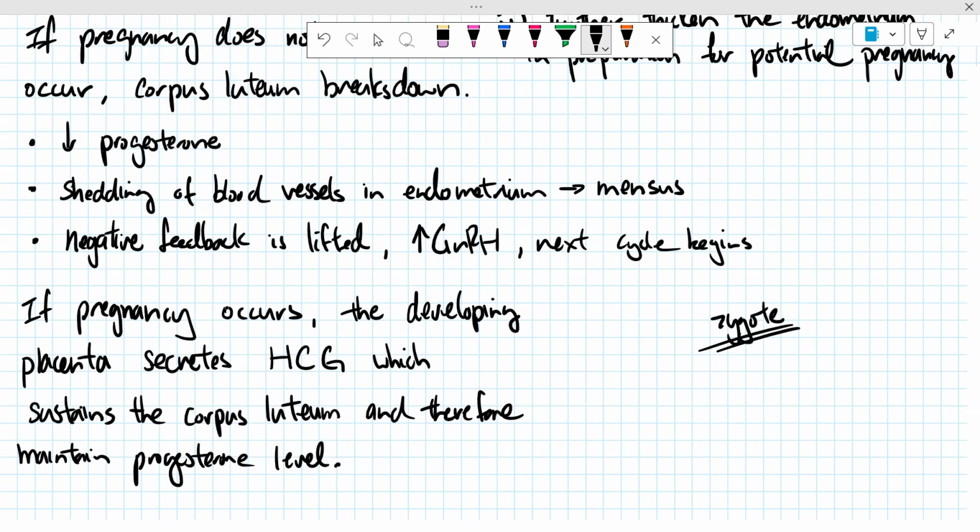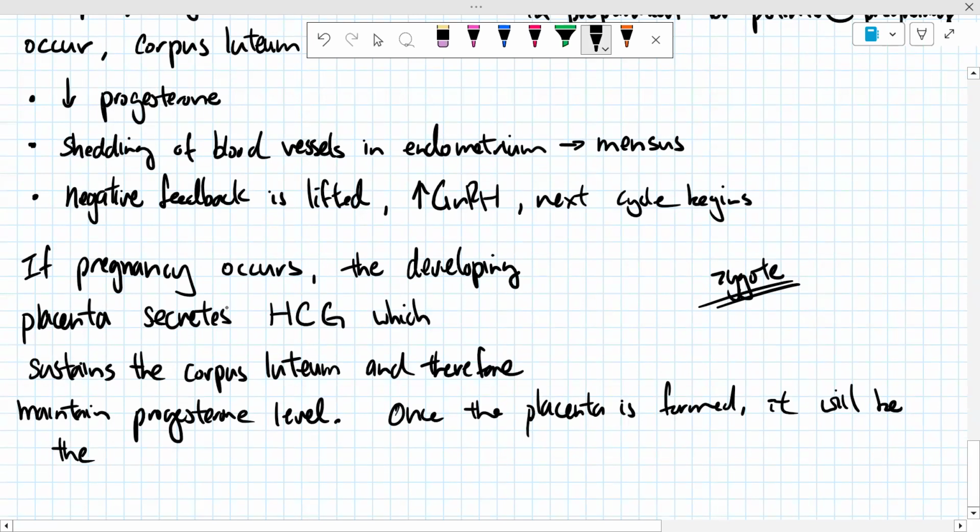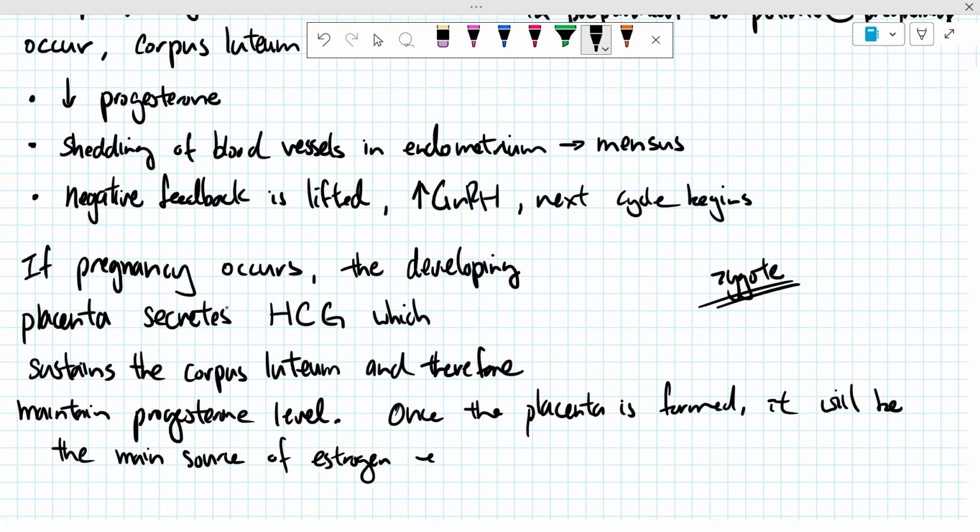Okay. Once the placenta is fully formed, it will be the main source of estrogen and progesterone. Okay.